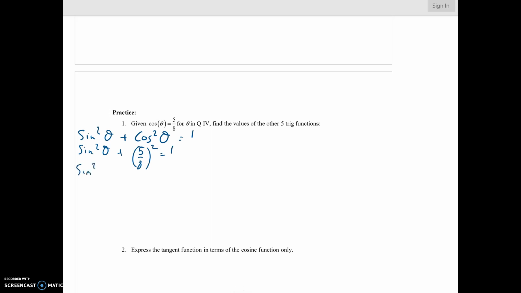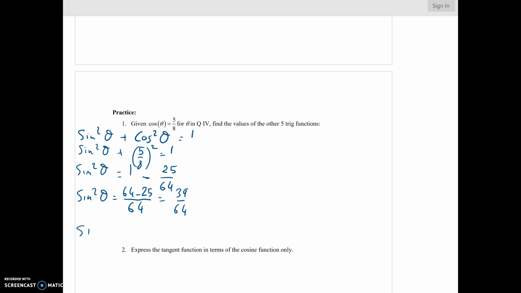Therefore, we get sine squared of theta equals 1 minus 25 over 64, as (5 over 8) squared equals 25 over 64. Same denominator, multiply by 64 top and bottom the 1, and I end up with sine squared of the angle equal to (64 minus 25) divided by 64, which is 39 over 64.